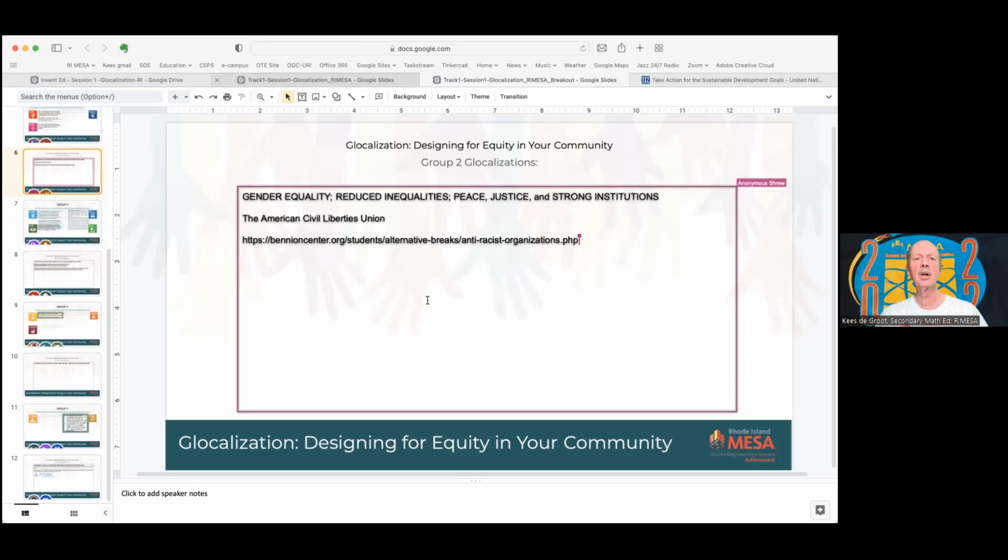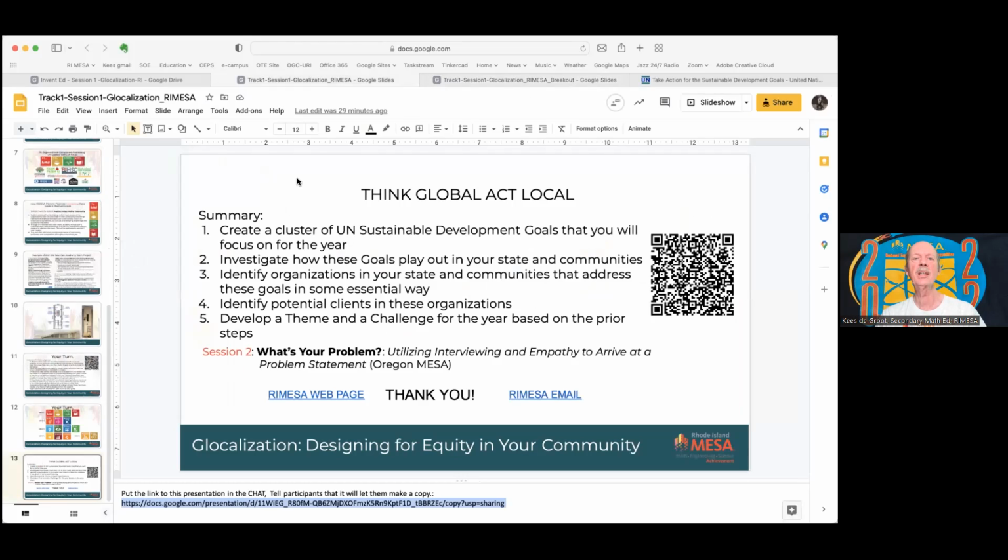I just wanted to summarize what I tried to accomplish today. I created clusters out of the Sustainable Development Goals from the UN. Then we investigated how these goals play out in states and communities, and I gave the example of what we are thinking about in Rhode Island. The next stage would be to identify places and organizations in your state and communities that address these goals in some essential way, and those form potential clients for the students.